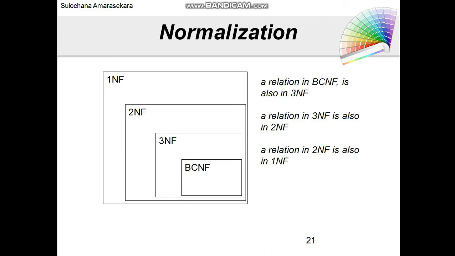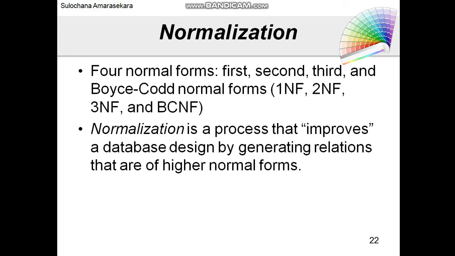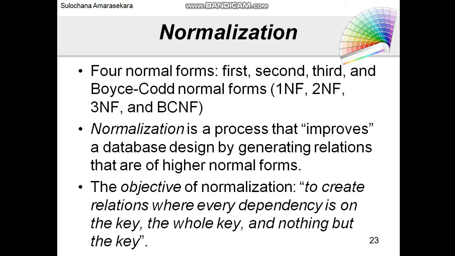Finally, data in third normal form is used for BCNF normalization. After completing every normal form, we can obtain a fully dependent database. That means finally we can obtain a database which only depends on the primary key.